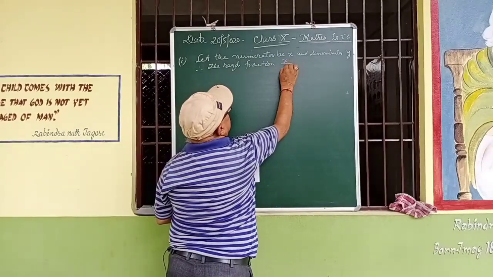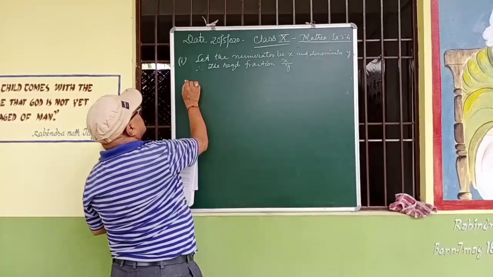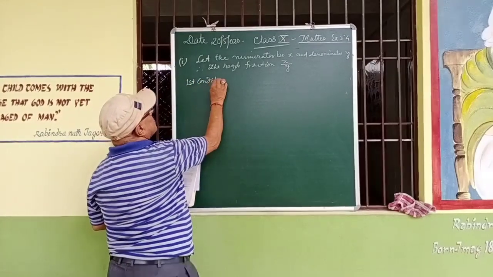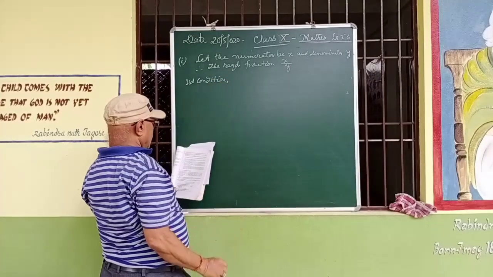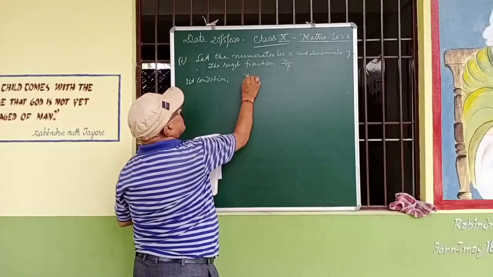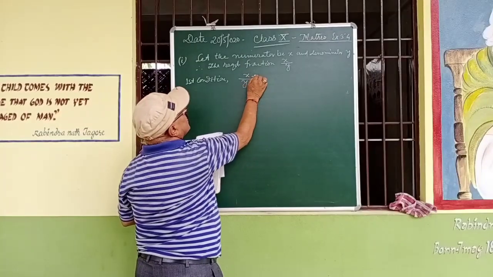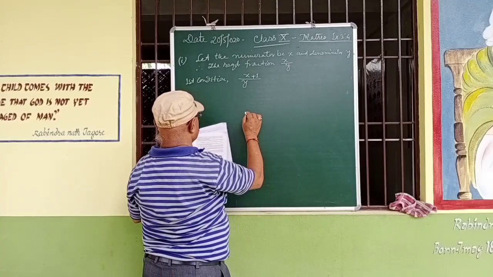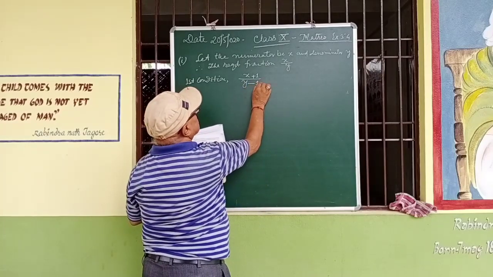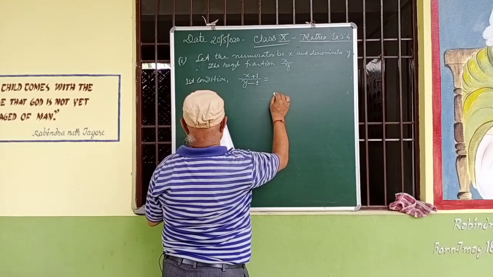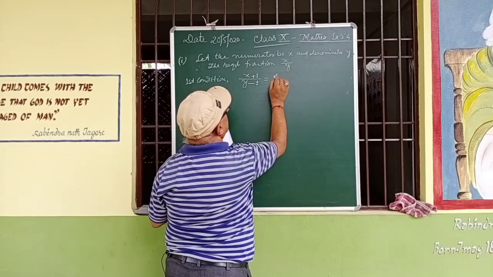is x by y. In our first condition, if we add 1 to the numerator and subtract 1 from the denominator, then the fraction becomes 1.